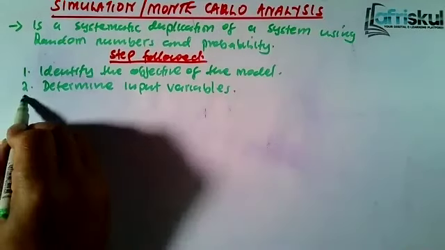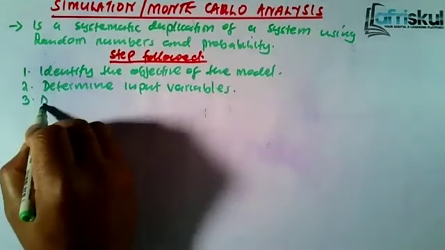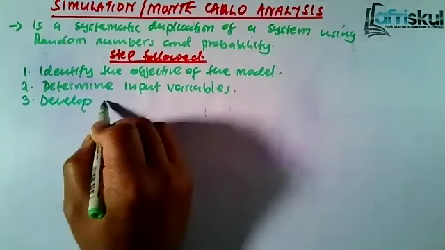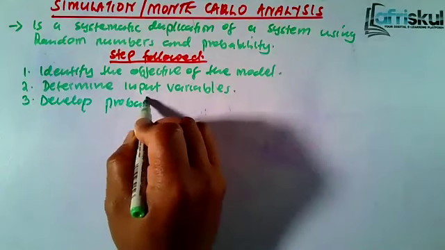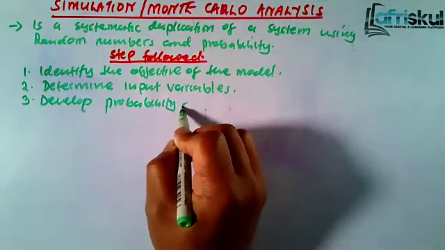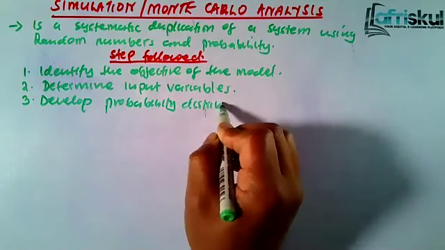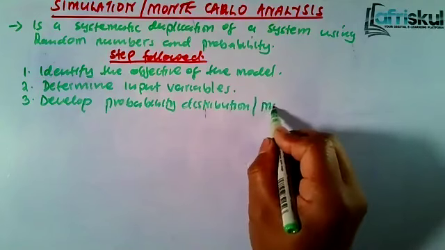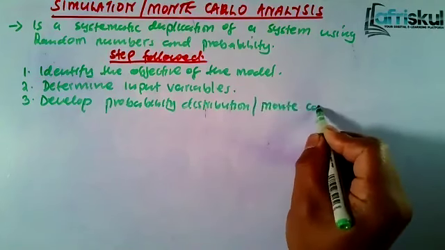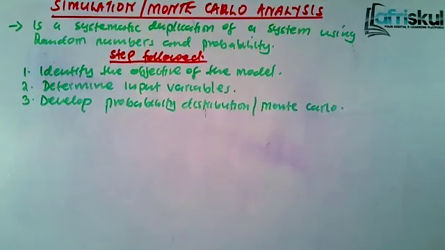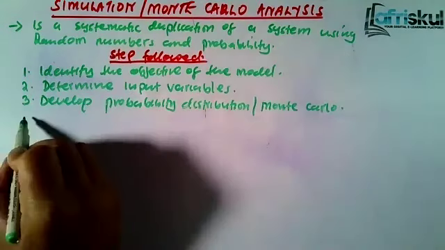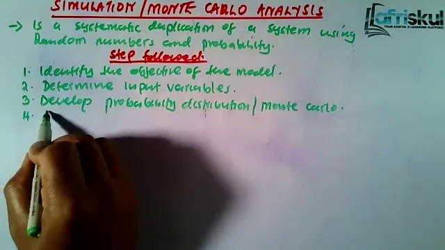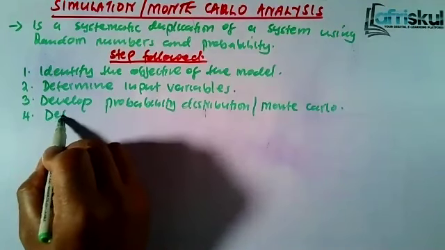Then step number 3, you develop the probability distribution. And this probability distribution is also known as the Monte Carlo distribution. Then step number 4, you need now to determine the logic of the model.